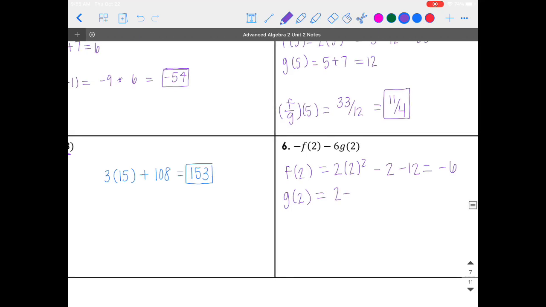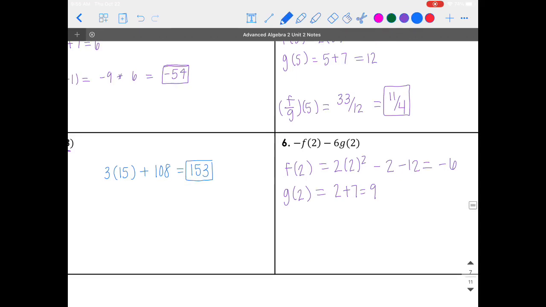And g of 2 would be 2 plus 7, which is 9. All right. So then I'm going to do negative 6 minus 6 times 9, which would be positive 6 minus 54, which is negative 48.